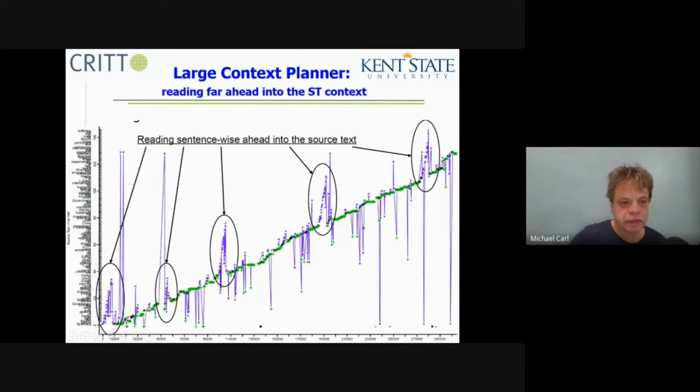This translator only reads a piece and then types in what he just read, and then sometimes reads ahead small pieces of text, maybe to remind him or to see what this is about, and so on. So we call this a large context planner.